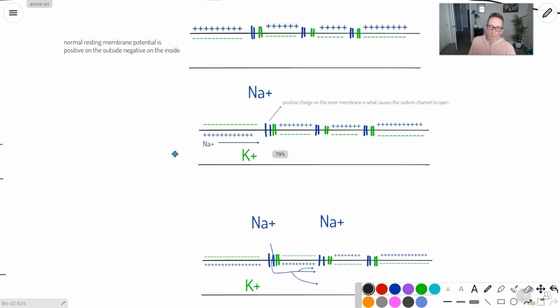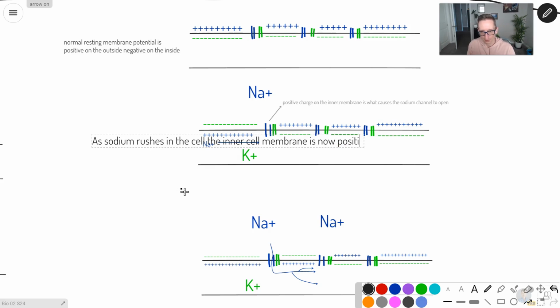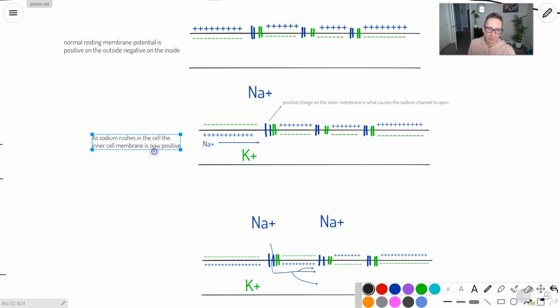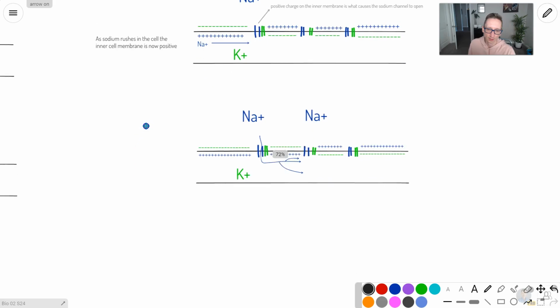As sodium rushes in the cell, the inner cell membrane is now positive. Okay, so it flops it, it swaps it, it flips it, changes it, inverts it, makes it the opposite.